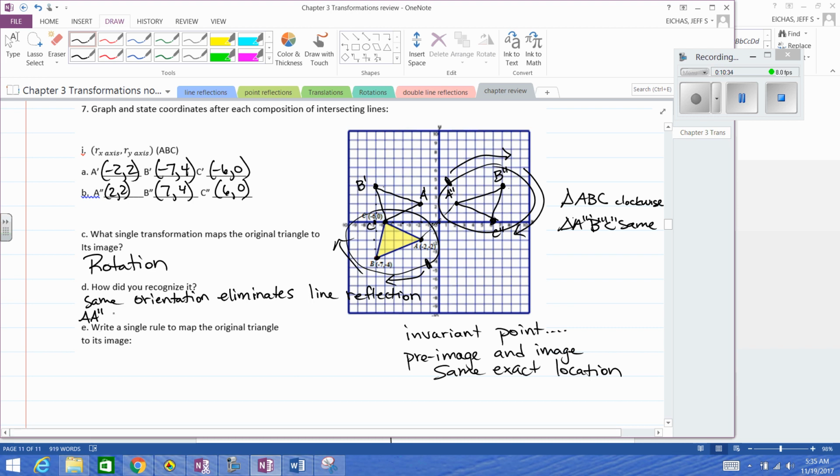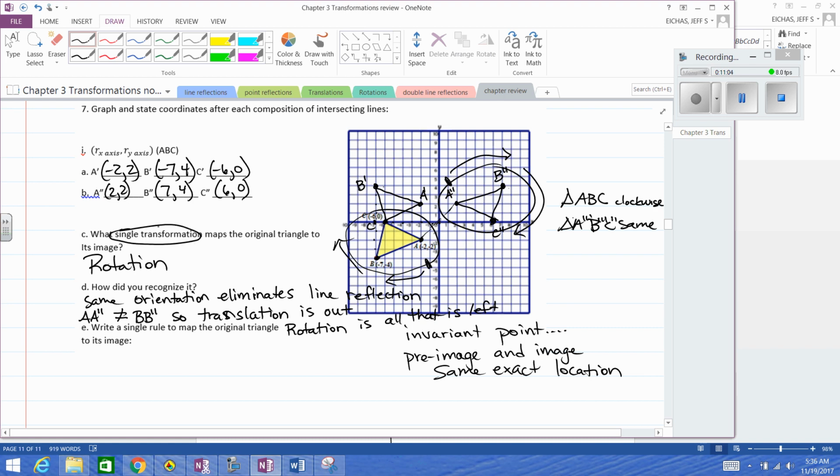A to A double prime is a different length than B to B double prime. So translation, they moved a different amount. That's essentially what I'm saying there. So translation is out. Okay? Rotation is all that's left for a single transformation to work.